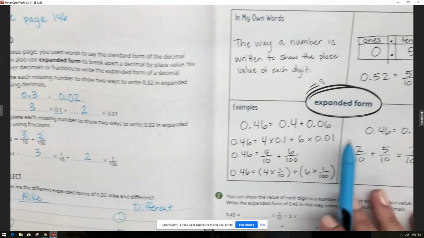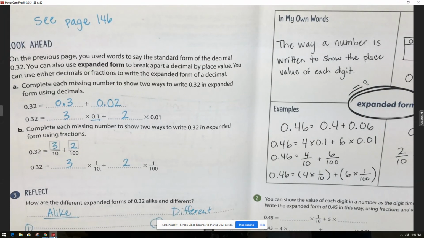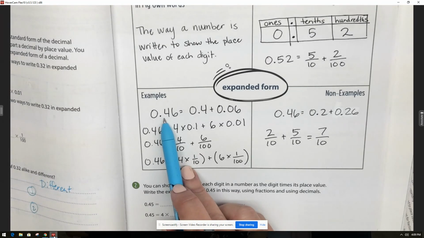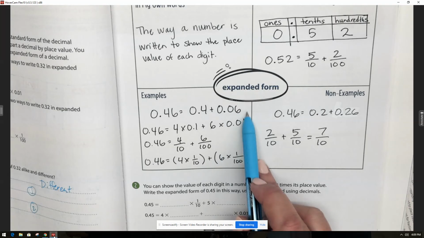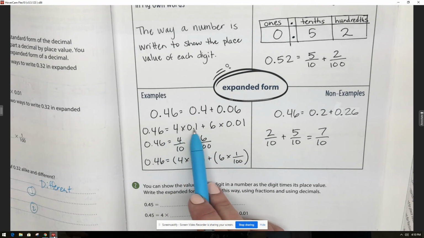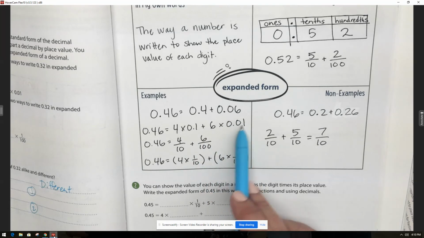Here are, I know this is tricky, 4 different ways that you can write expanded form for the decimal 46/100ths. This is very similar, or almost exactly like what we did over here in part A and B. So we could expand 46/100ths by making it 4/10ths and 6/100ths. We could expand it by saying we have 4 times a tenth plus 6 times a hundredth.